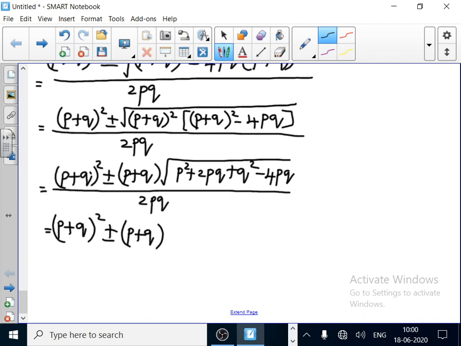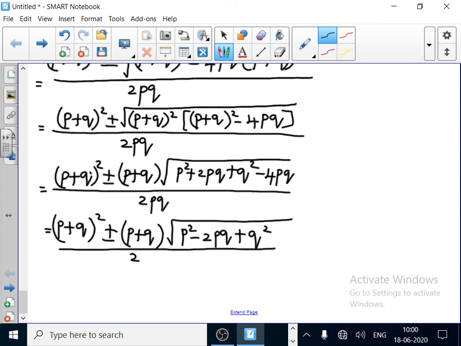Just only the formula we are going to use. Within the square root, p square plus 2pq minus 2pq, this can be written as minus 2pq plus q square, whole divided by 2pq.